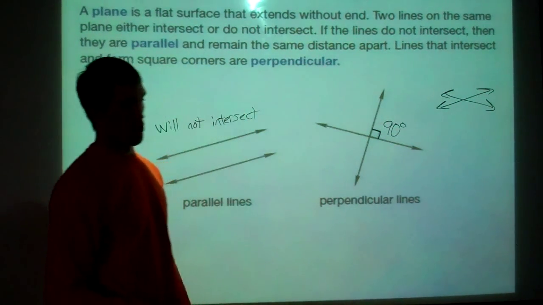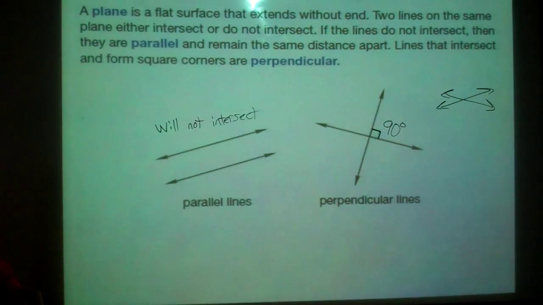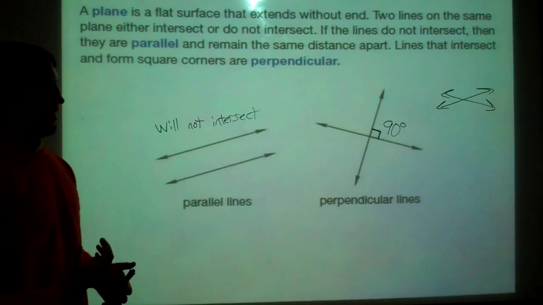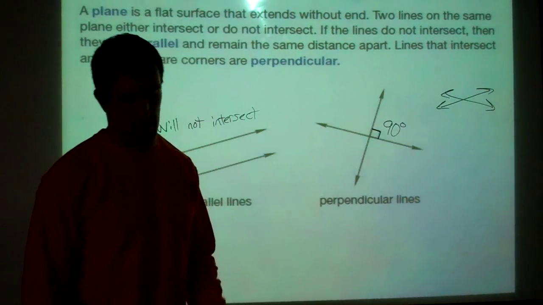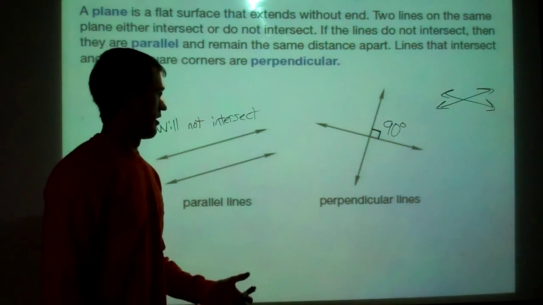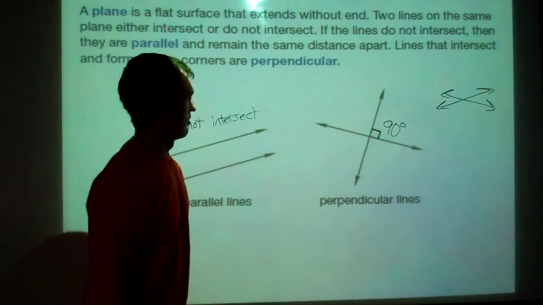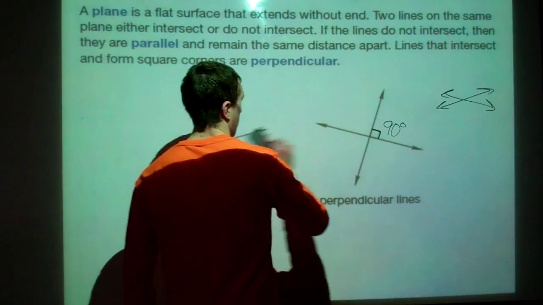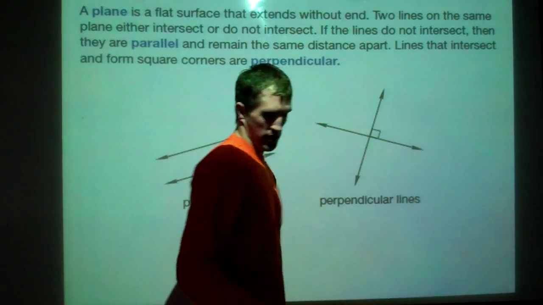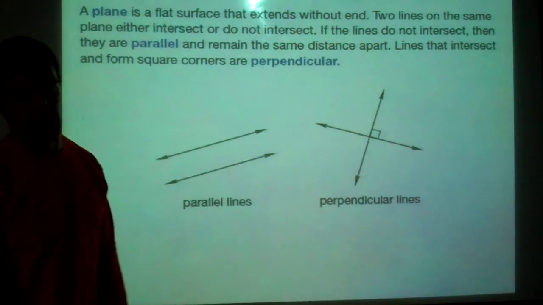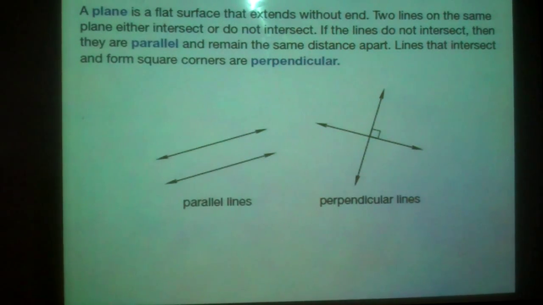We would just call that a normal intersection. Nothing too special, but we can still use it to figure out angles and some other things in the future with geometry and algebra. But obviously if it's not at a 90-degree angle, it's going to be at some other type of angle. So big idea there, on one plane, lines will either intersect or they will not.